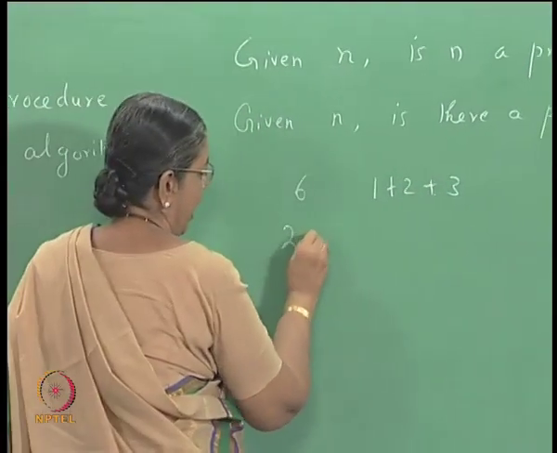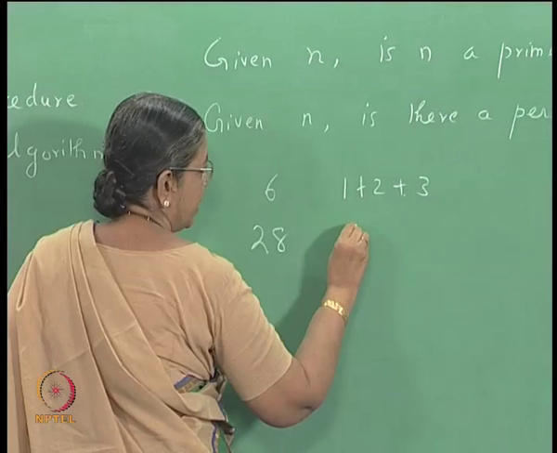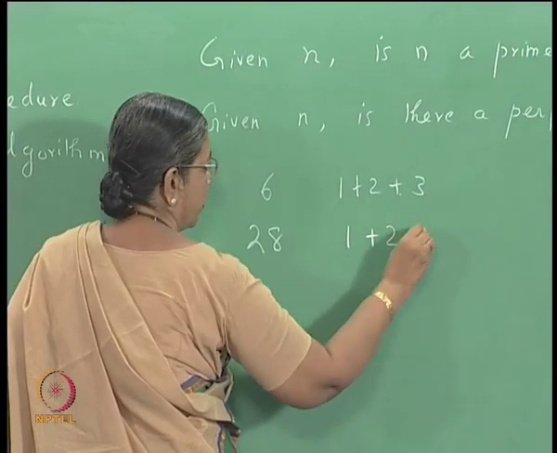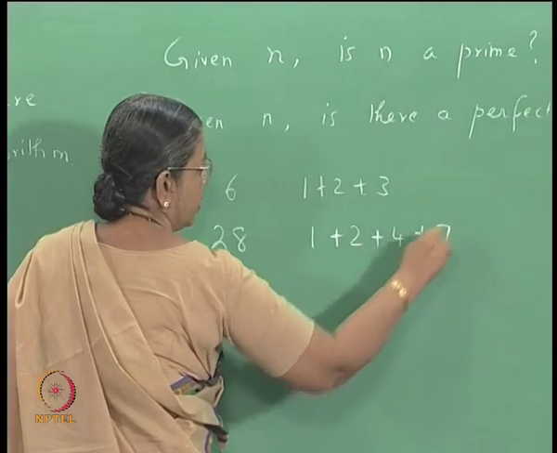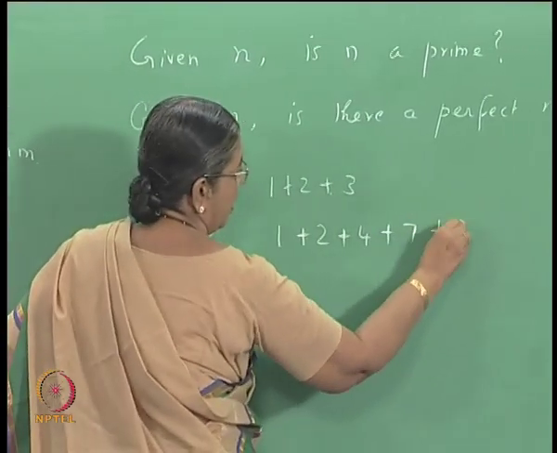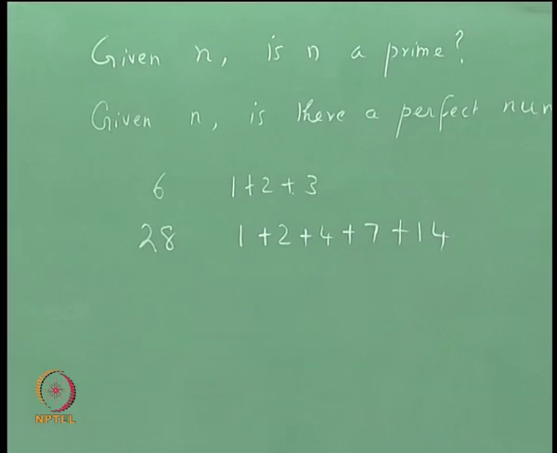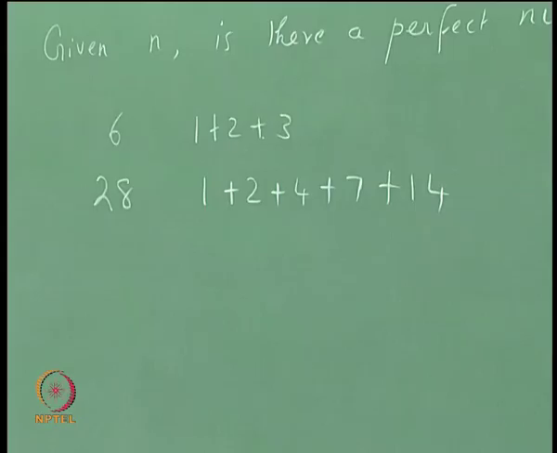If you take 28, the divisors are 1, 2, 4, 7, and so on. 28 is a perfect number.